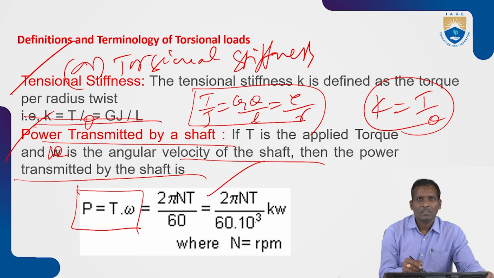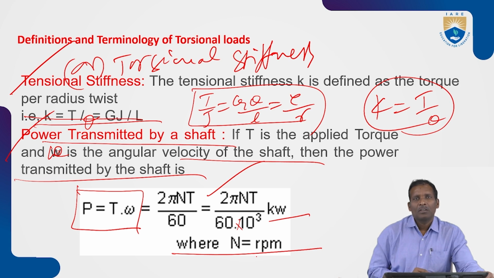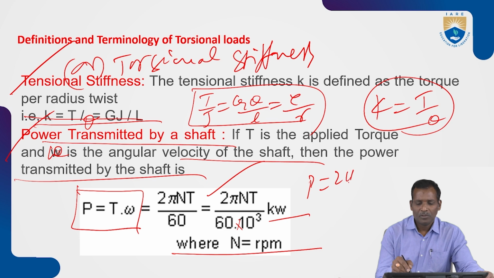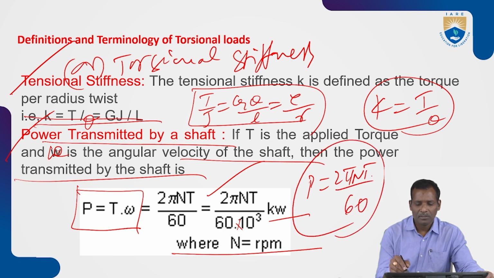Here N, as you already know, is the speed of the shaft in RPM, and T is the torque applied. Dividing by 10 cube converts it into kilowatts, so P is equal to 2 pi N T by 60 into 10 cube in kilowatts.